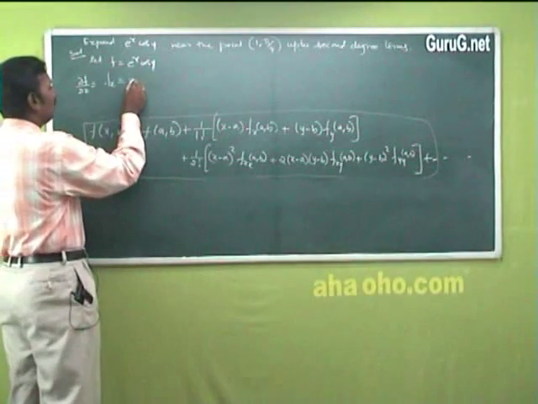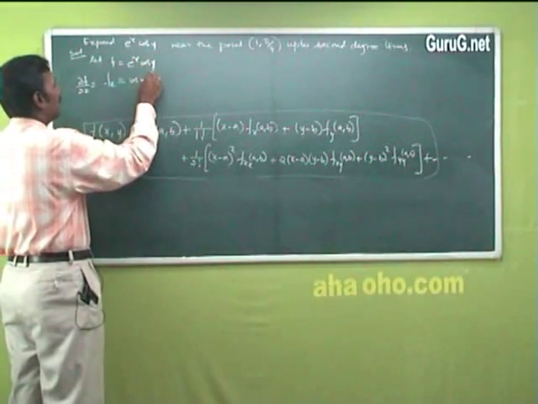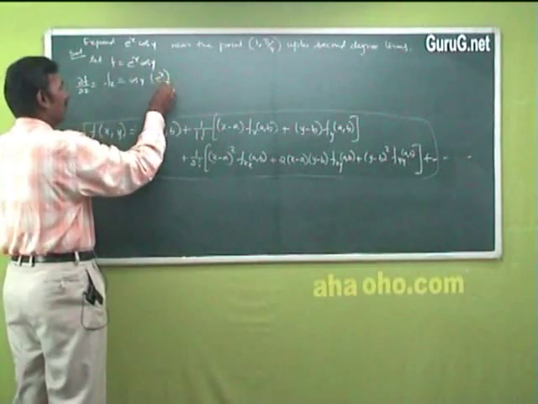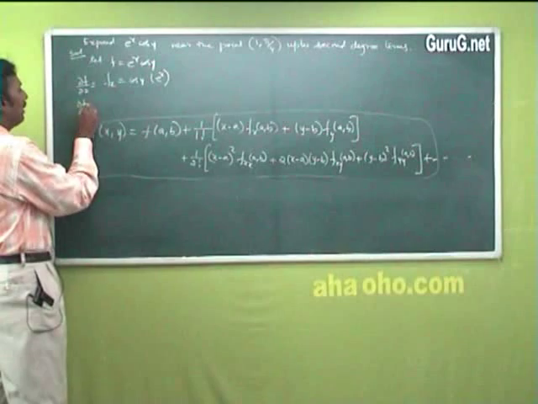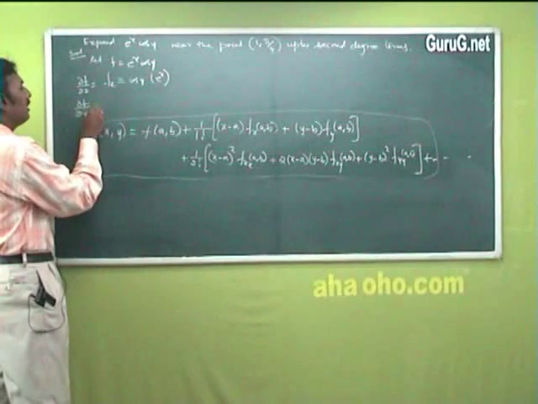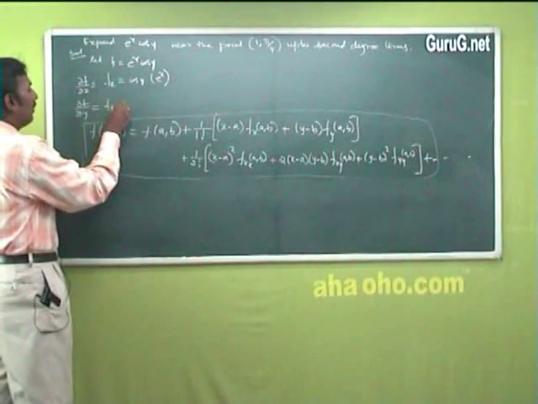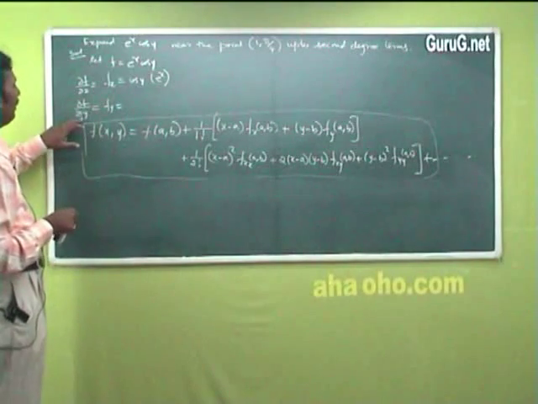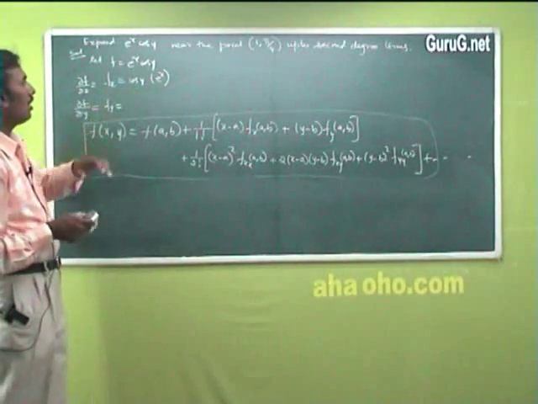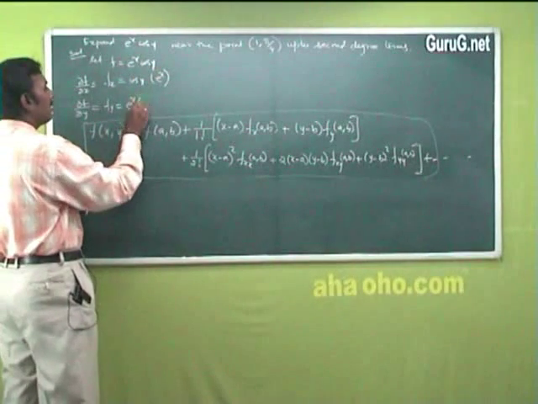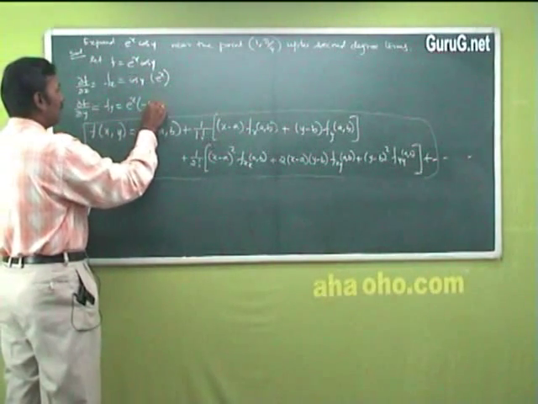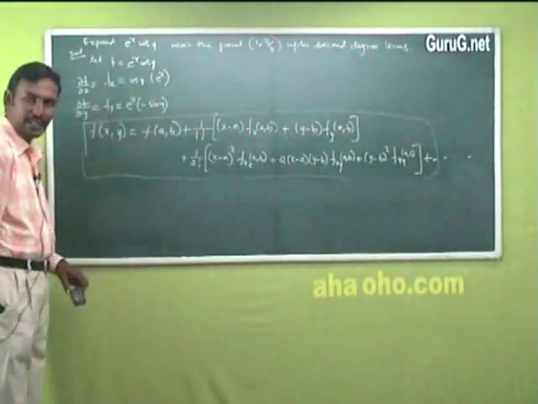Keep that cos y as constant, and differentiate e power x, which gives e power x, right? Next dou f by dou y, that is fy, so differentiate with respect to y keeping x as constant. Now e power x is constant, and differentiating cos y gives minus sin y, right?